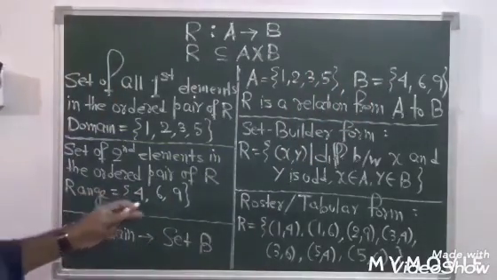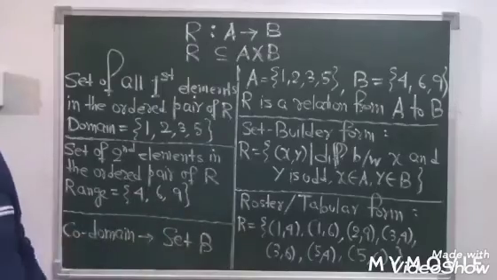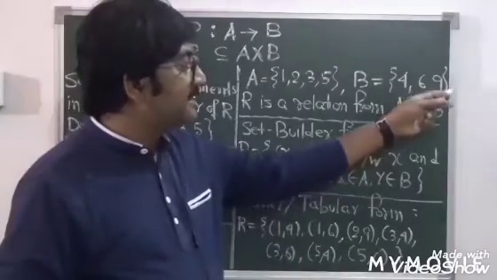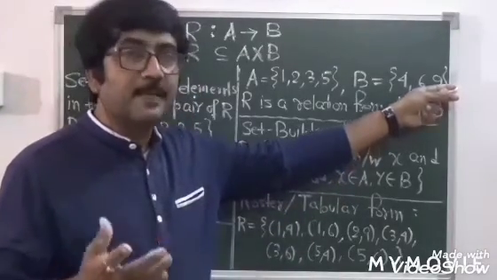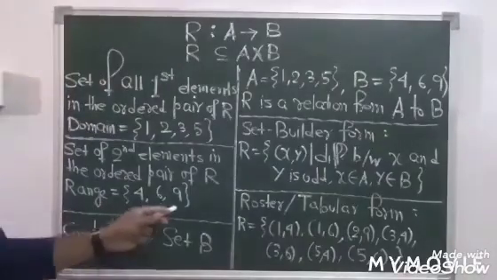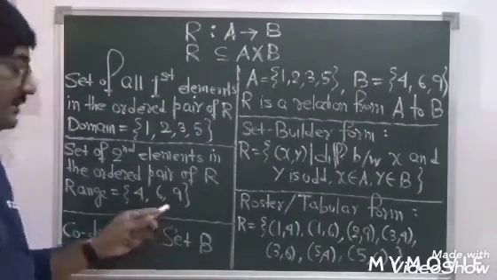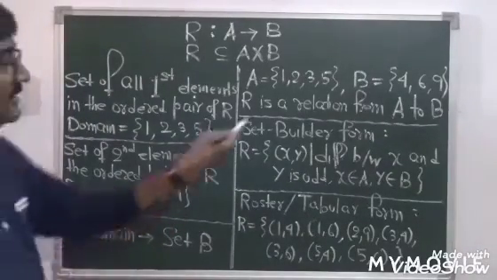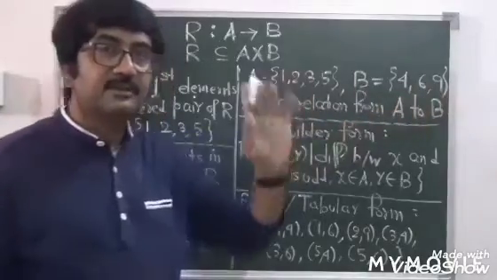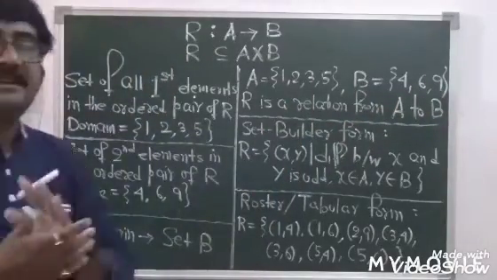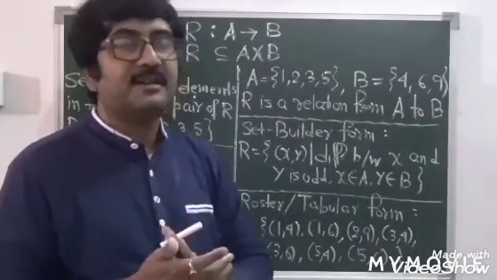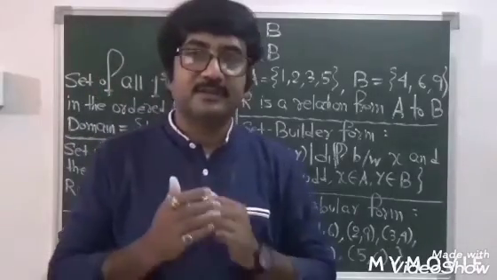So if we take 4, 6, 9 and suppose another element exists in B, say 10, but 10 is not included in the range, right? So the range of a relation from A to B is a subset of the set B.